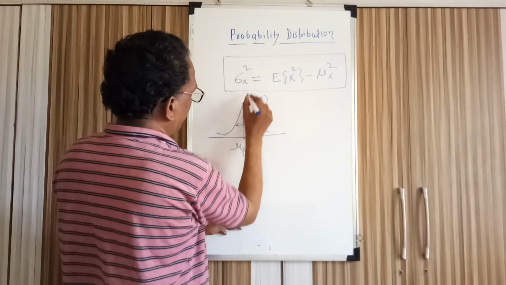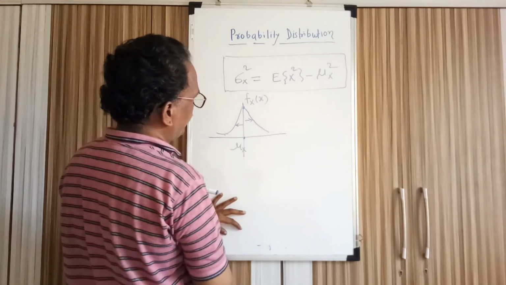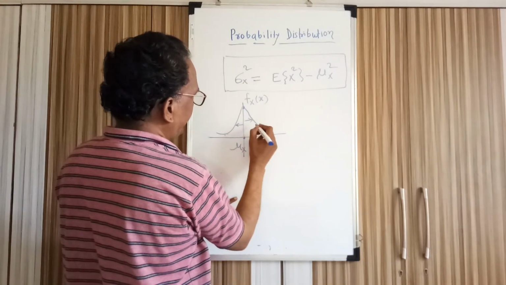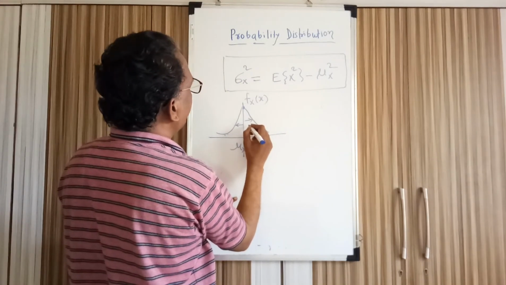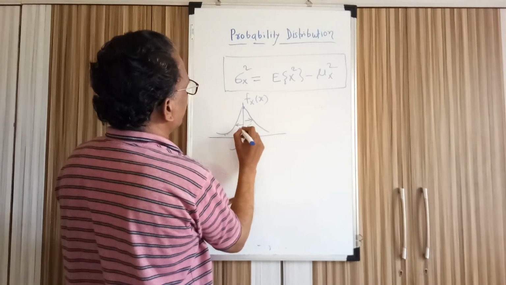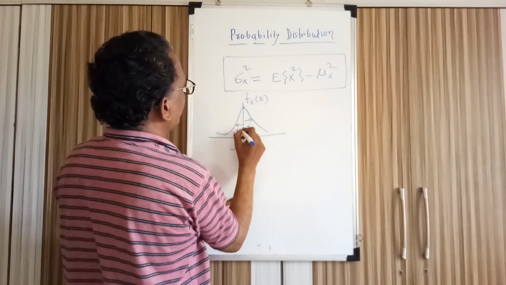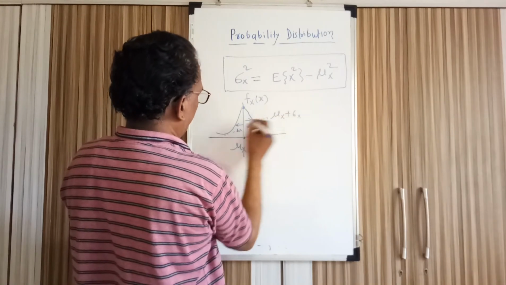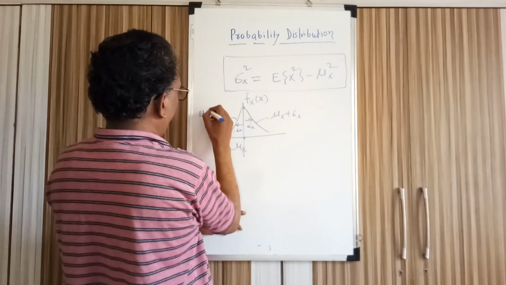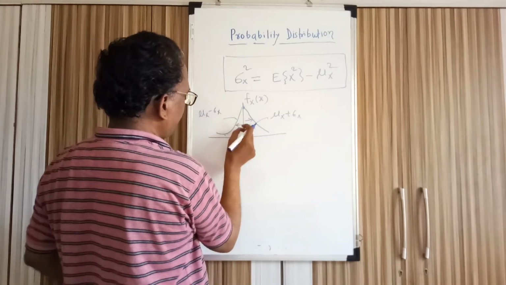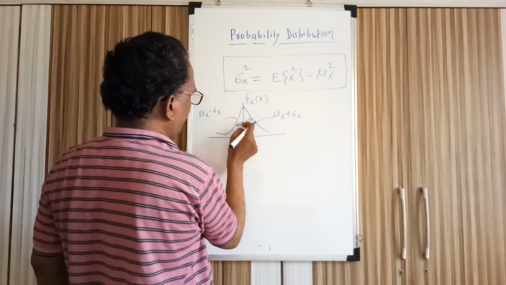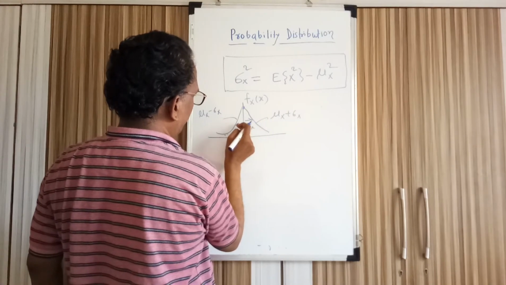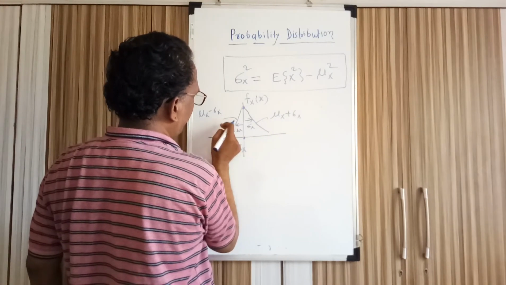If I take the square root of variance, that is called standard deviation, sigma x. So this is mu x plus sigma x, and this one is mu x minus sigma x. This is the deviation from the mean, plus sigma x, and this is the deviation from the mean, minus sigma x.